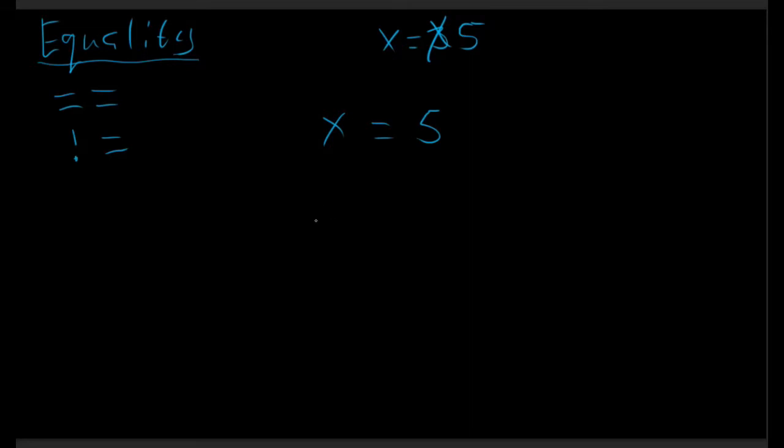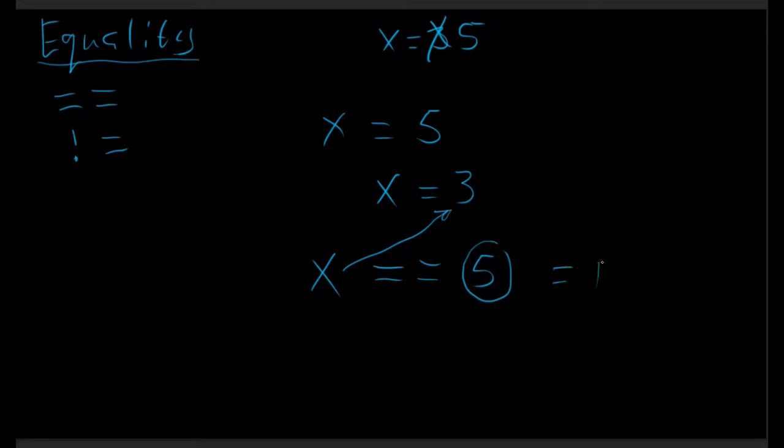So in programming, we would say here, for example, once again, x equals 3, and then we say x double equals 5. And then the computer is going to know, oh, wait, I'm trying to compare these two to see if they're the same. And it says, okay, here's 5, x is equal to 3, 3 is not, therefore this whole statement is false.